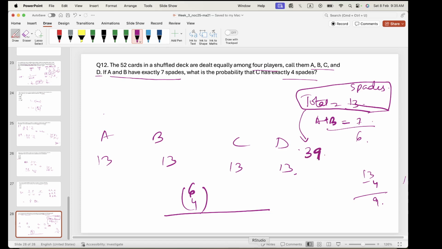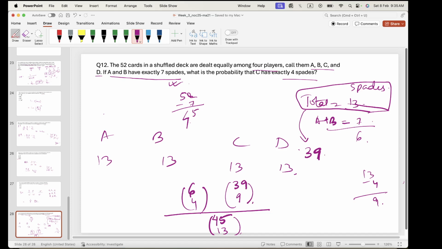So C should have 39 choose 9, and the denominator would be: 7 spades already decided, so 52 minus 7, that is 45. So the denominator is from that 45, C will get 13 cards, and this is the answer.